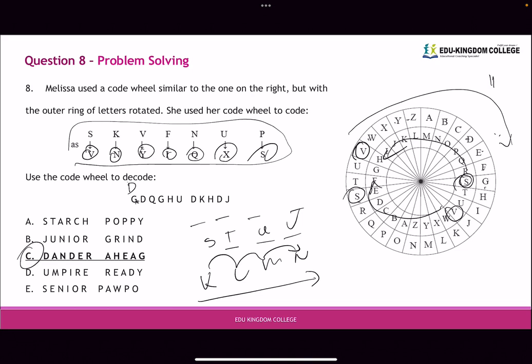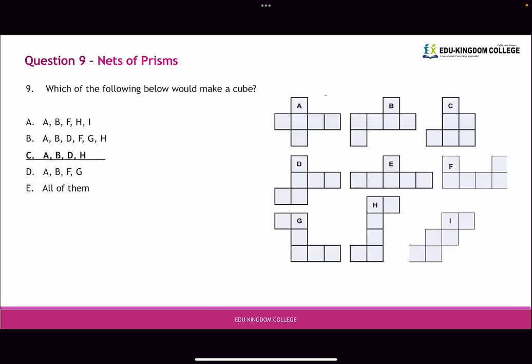So it has to be part C. It's not B. If you thought it was B, it's not, because this is what we got using this pattern, which means that we need to go 4 backwards. If you've got a watch that's 10 minutes faster and you want to know the actual time, you've got to go back 10 minutes, right? It's the same pattern there.